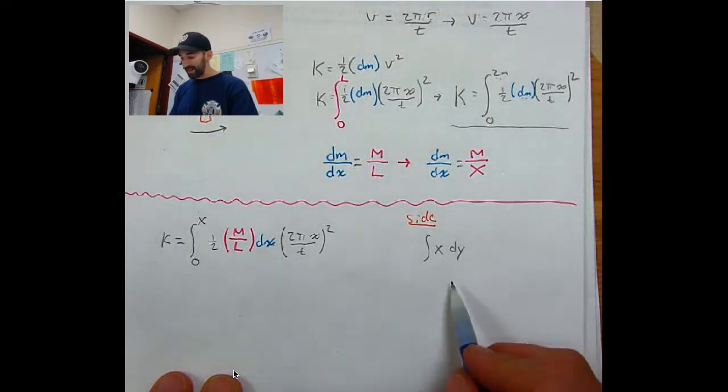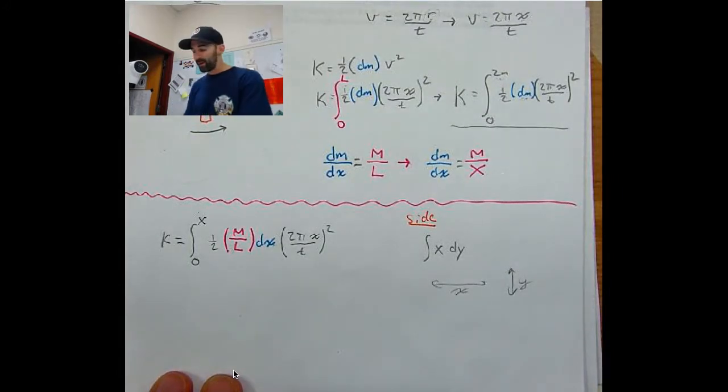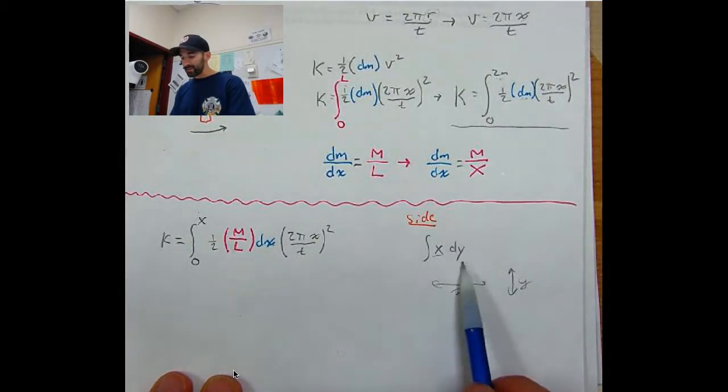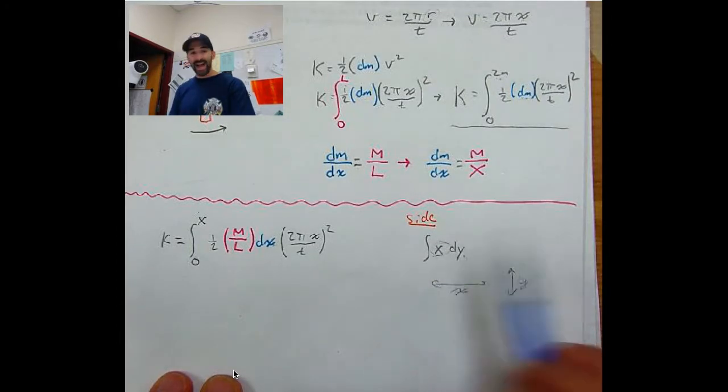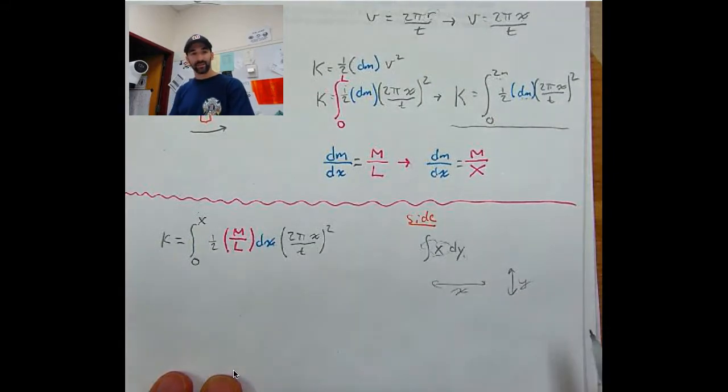And we know that the x direction is this way. We know that up and down is my y direction. Well, that means this x has nothing to do with summing all the pieces up in the y direction. So this x essentially acts like a constant. There's no issue with going up and down. So what we're going to do with that is this would just come outside of my antiderivative.